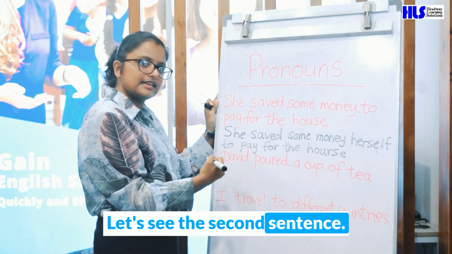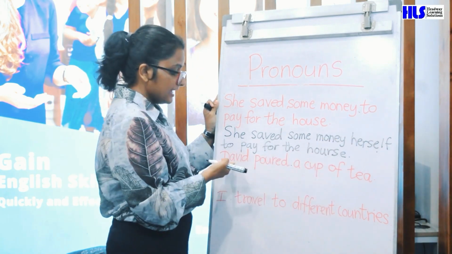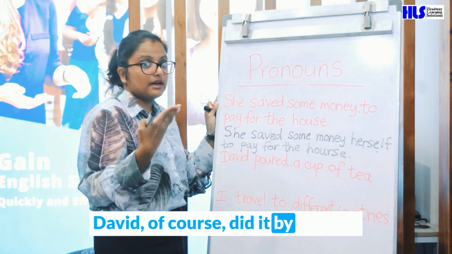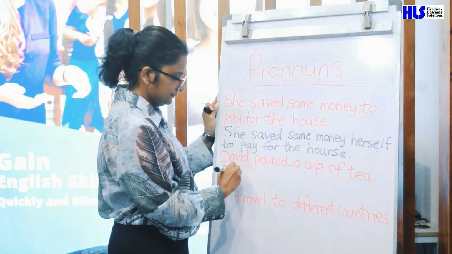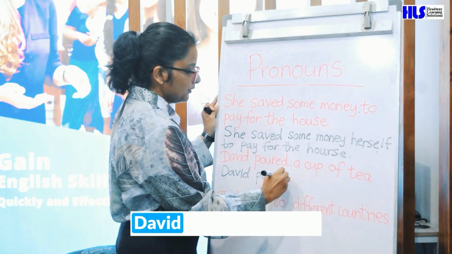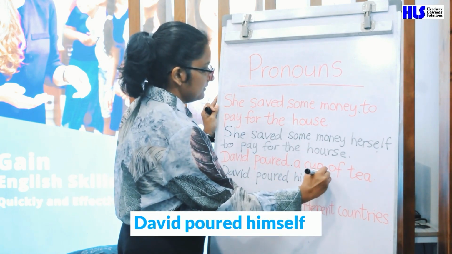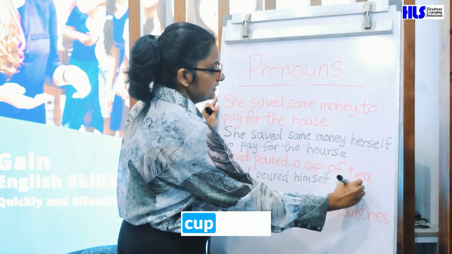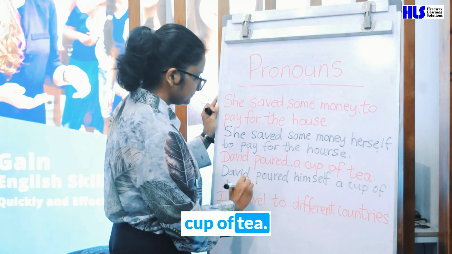Let's see the second sentence. David poured a cup of tea. David, of course, did it by himself. How to say it? David poured himself a cup of tea.